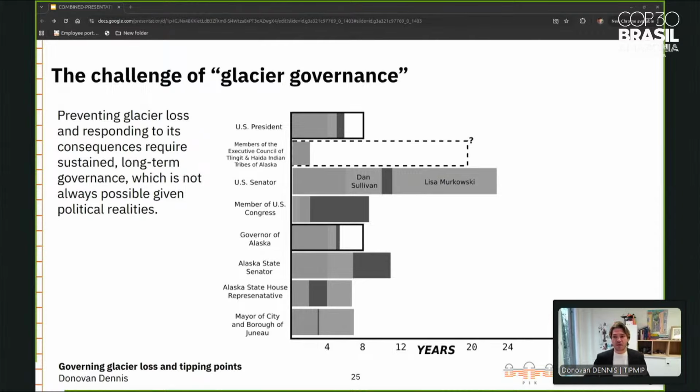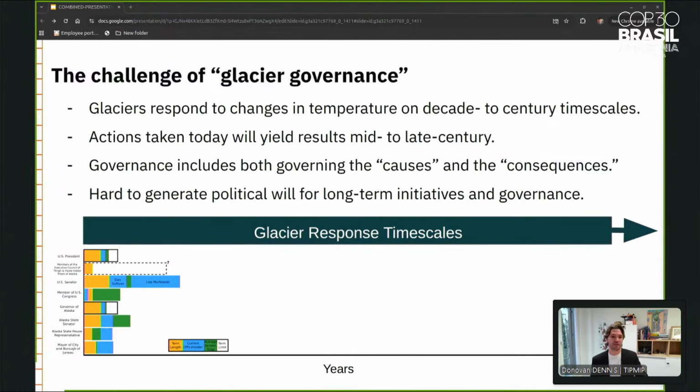The term lengths are often quite short, and even the amount of time that these people serve pales in comparison when we think about the consequences and the impacts of glacier loss. So Lisa Murkowski, who is one of the longer serving senators, who served 10 years longer than the average, has still only been in office for 22 years.